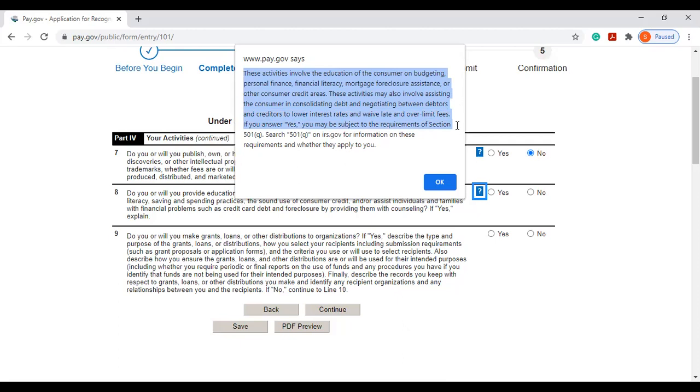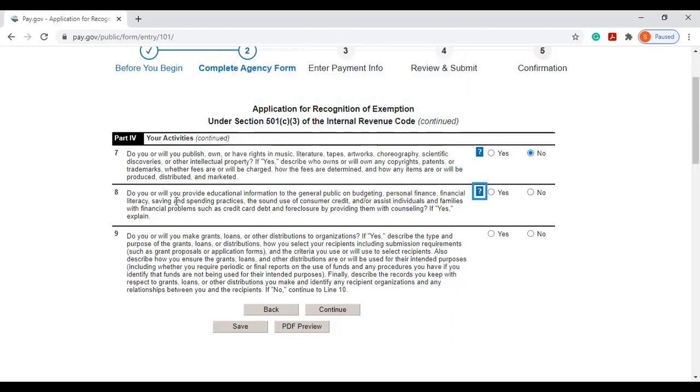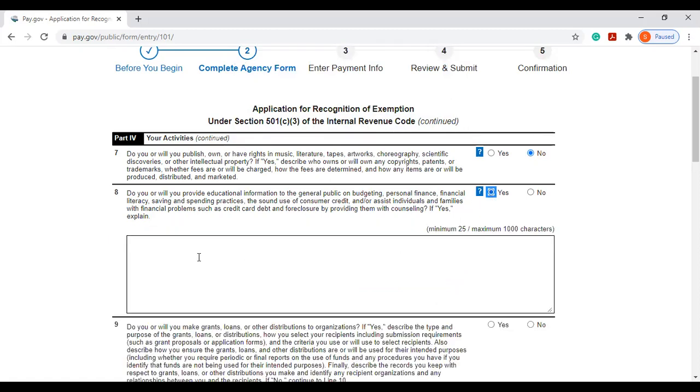If you answer yes, you may be subject to the requirements of Section 501Q. So search for Section 501Q on irs.gov for information on these requirements and whether they apply to you. So if you know you're going to do that, these are some extra steps you have to take. And you will click yes, and then you will explain what you plan to do. If you don't, click no.